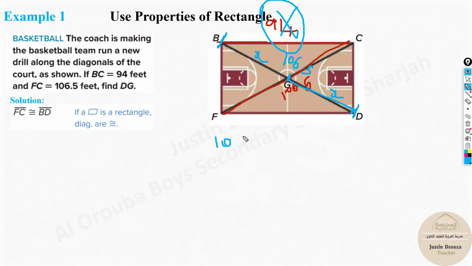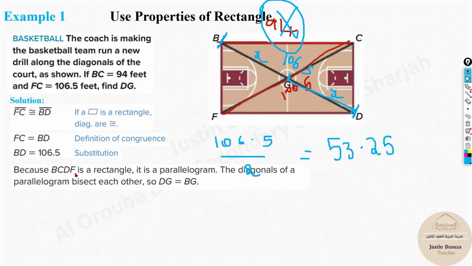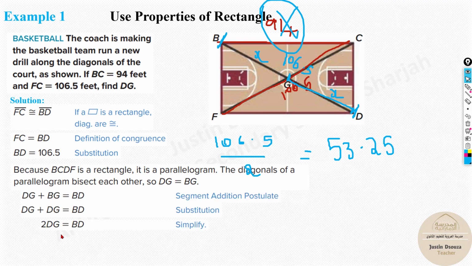So you can just do 106.5 divided by 2. That would be the answer. It'd be 53.25. That is the answer. So here you know FC, these two diagonals are equal, so BD would be 106.5, and because the diagonals bisect each other, we can say this plus this equals the total and just divide it by 2.